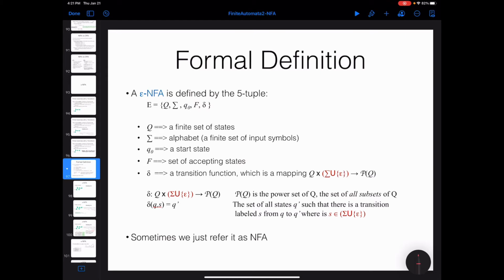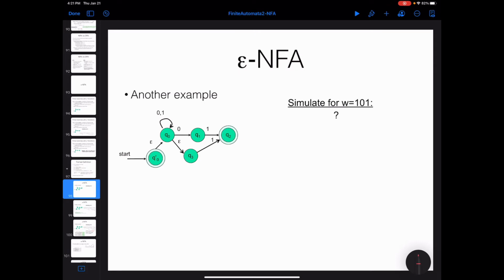The main difference here is the transition function: instead of only mapping from a state and the input symbols, it will also include epsilon in the transitions. Everything else is going to be just like NFA.